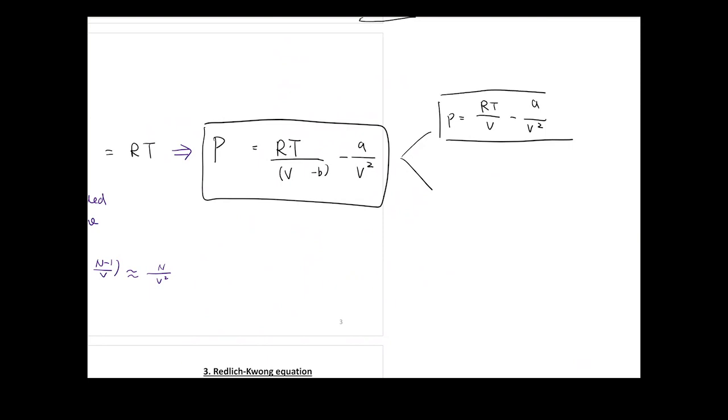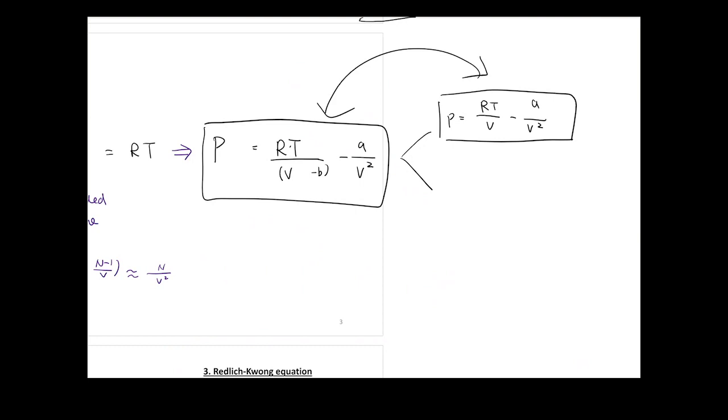What does this imply? What's the difference between this equation and the original van der Waals equation? If you see a question, write this down.